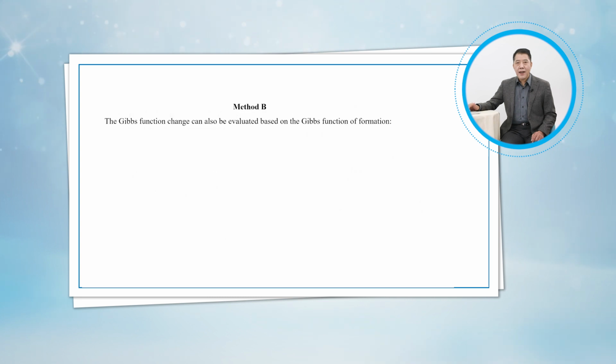We now talk about the second way, method B, to evaluate the changes in Gibbs function. The changes in Gibbs function can also be evaluated based on the Gibbs function of formation.